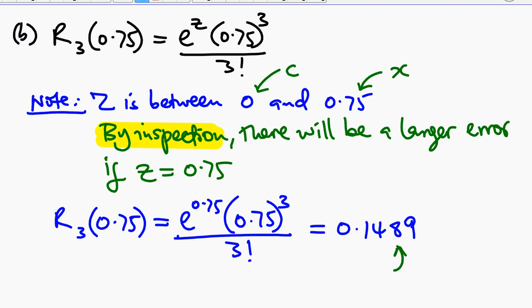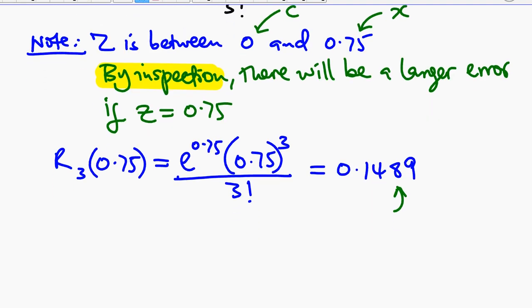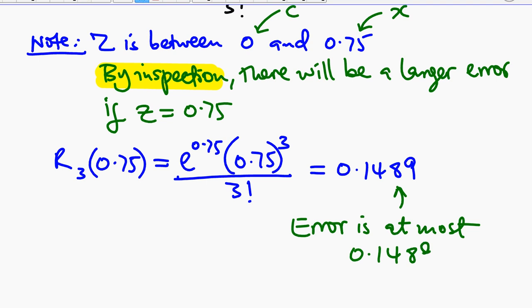So the error is at most 0.1489. All right.